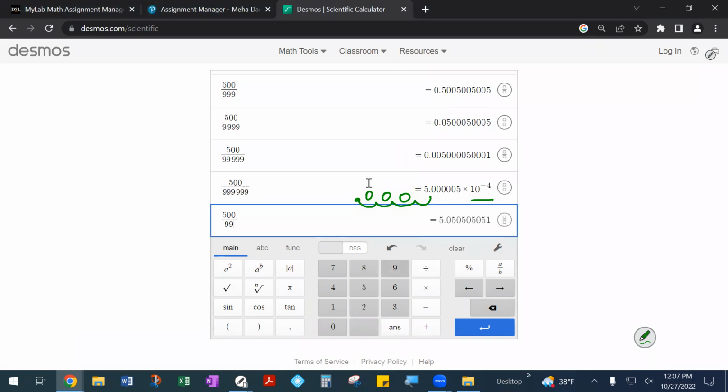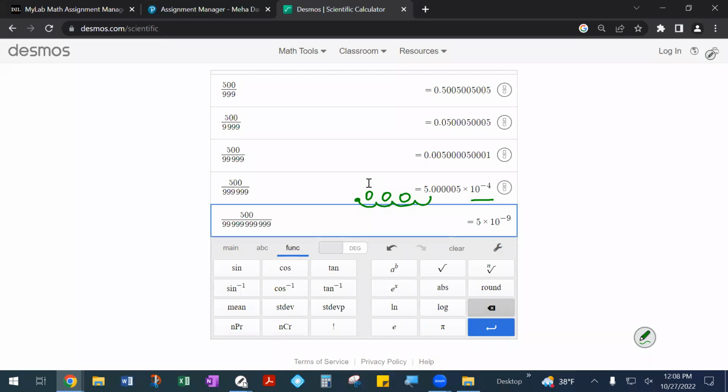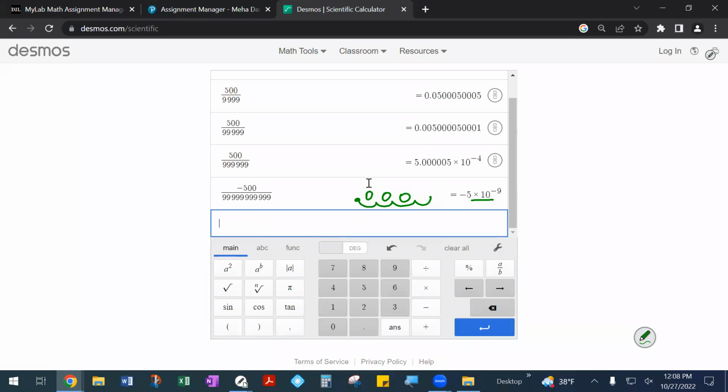So a bunch of zeros, where are my negatives? We'll see what it does. So basically, it's just approaching 0 from the negative side, right? And so that's what's happening.